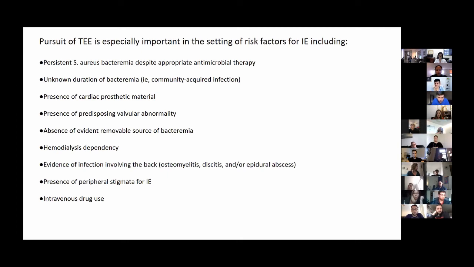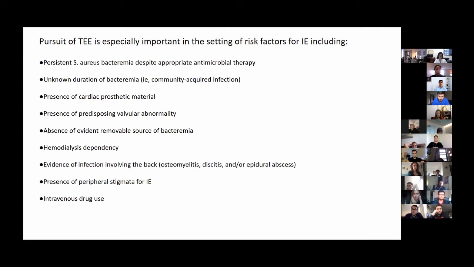If you don't know how long they've been infected, so if they're coming in from the community, they could have been sick for a week before they came to you, they should probably get a TEE. Any kind of prosthetic material, any predisposing valvular abnormality, then they should get a TEE. And if they don't have a source, that makes it more worrisome.